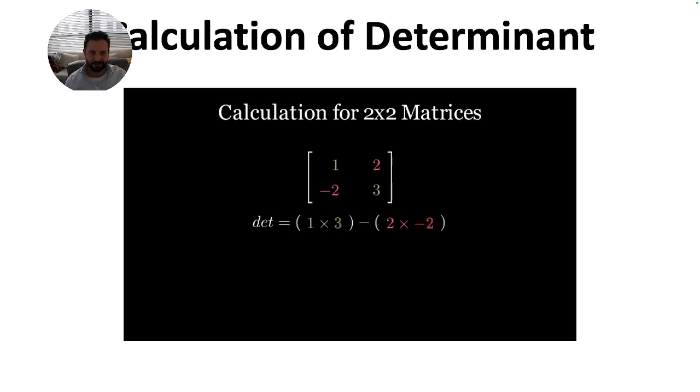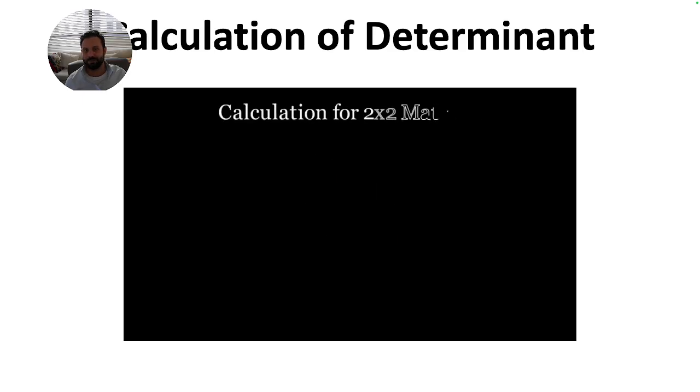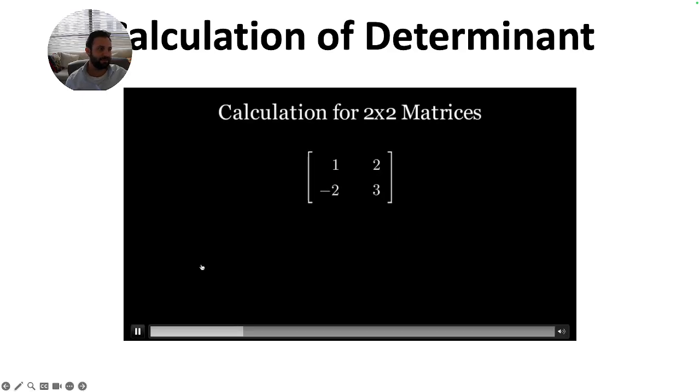How the determinant is calculated for 2x2 matrices and 3x3 matrices is probably covered in simpler junior level linear algebra courses, but I will show you the basic animation that I prepared.